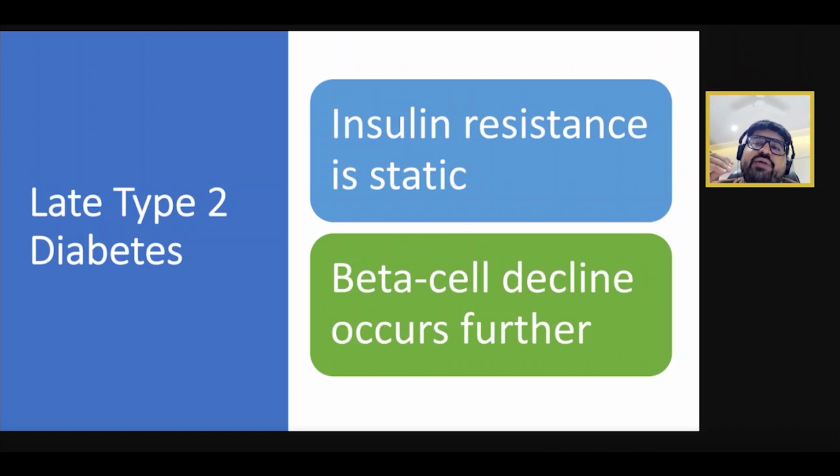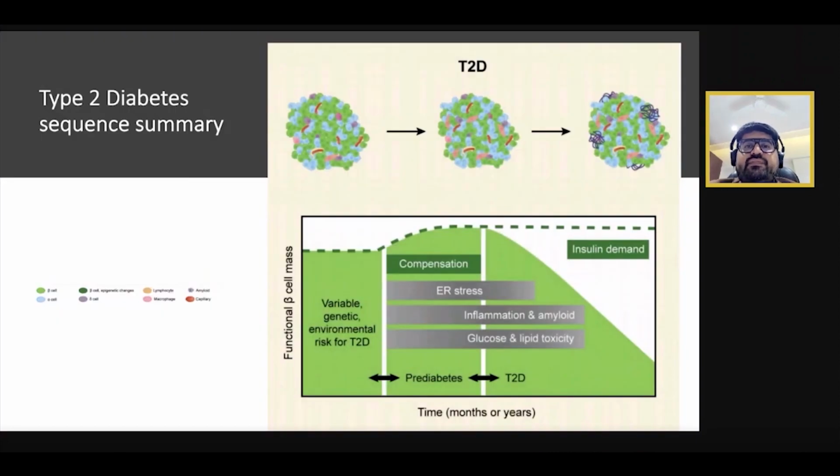A lot of patients, but at the same time, if the beta cell is not preserved, it continues to decline over a period of time, and at some point you will have patients come and say that I could manage my diabetes with one tablet, but now I'm not able to manage with even 3 tablets, right? So it's a progressive decline of beta cell. This is what happens in late type 2 diabetes.